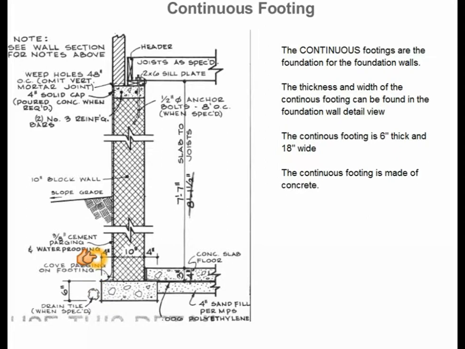The 18 is calculated from the 10-inch foundation wall, and the footing extends 4 inches in front and 4 inches behind the 10-inch foundation wall. So the thickness of this footing is 6 inches. The width of this footing is 18 inches. The material the footing is made of is concrete.